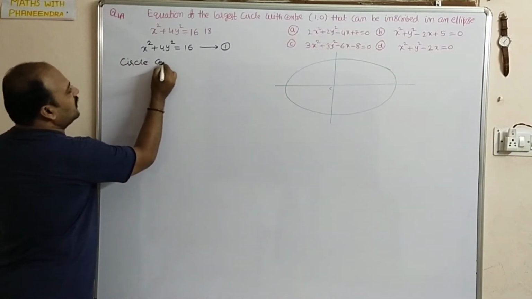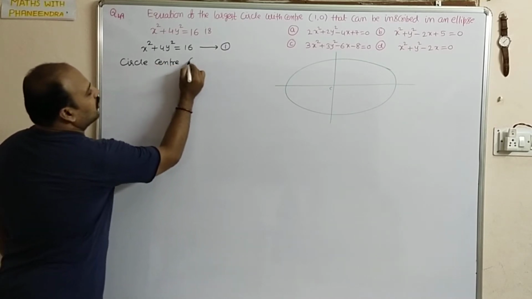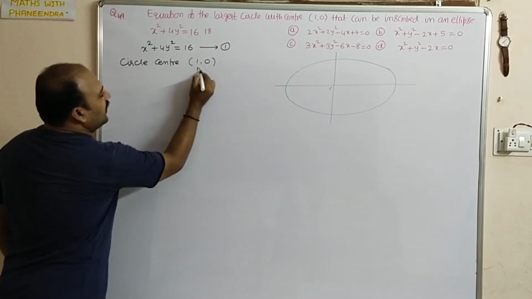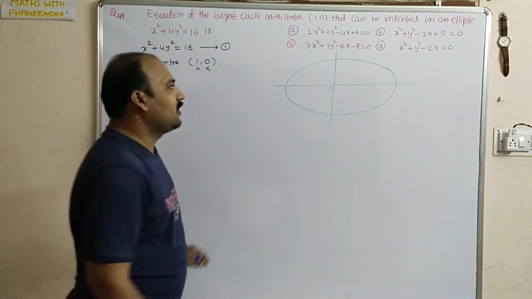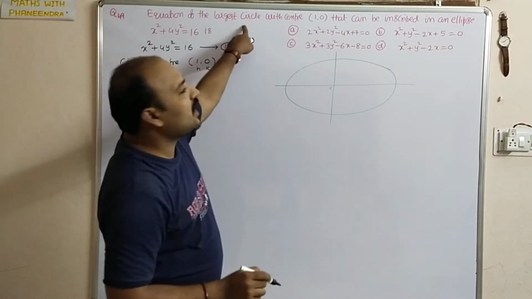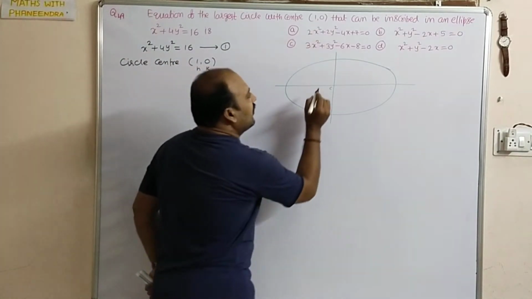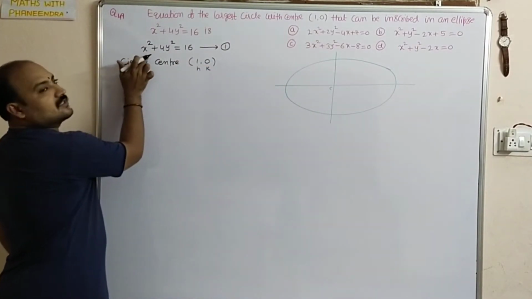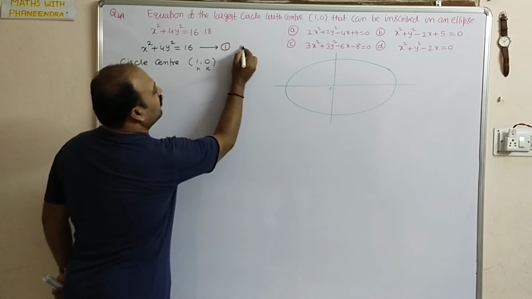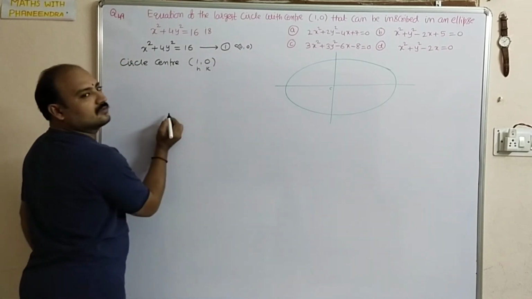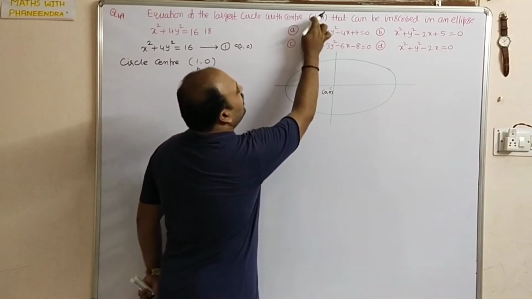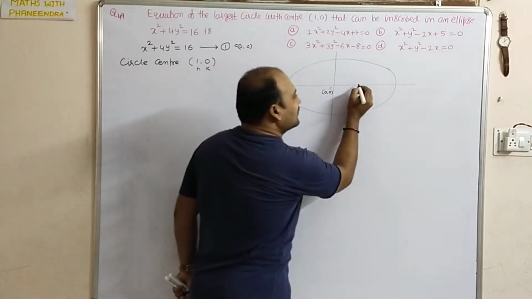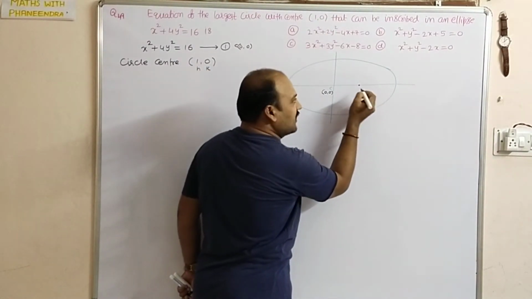Circle center (1, 0). I am taking the circle center as (h, k). Radius we don't know. The center of this ellipse is (0, 0) only, so (1, 0) lies on the x-axis, which is the major axis.